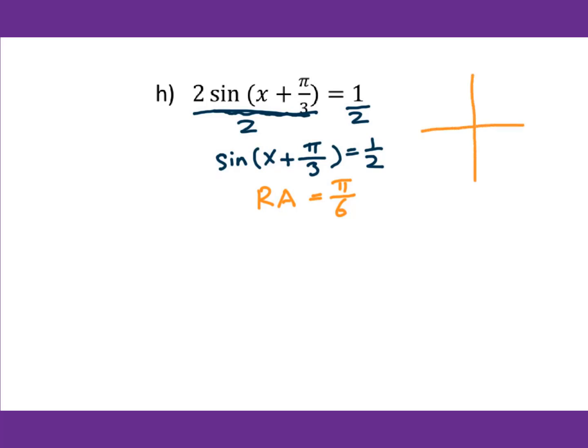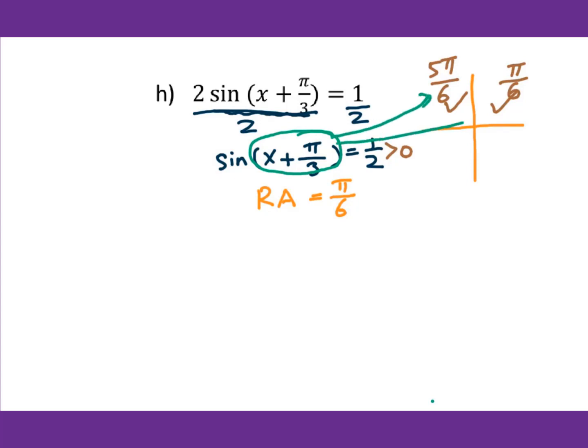So we go to the coordinate plane. For sine, that's positive, which means go to the first and then the second quadrant. So we got pi over 6 and 5 pi over 6. As we know, this angle equals 5 pi over 6 and also pi over 6.